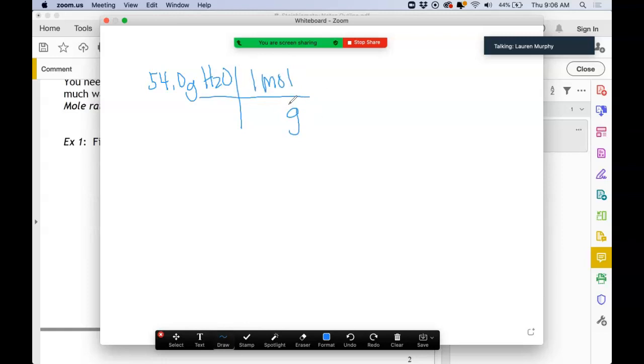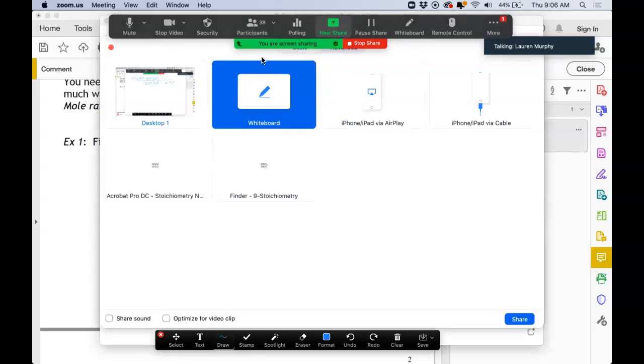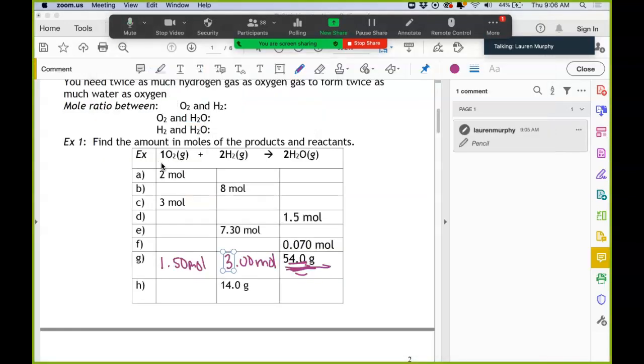This is molar mass. Molar masses are always grams per 1 mole. And it's water, so it's 18.02 grams per mole of water. And then moles of water go down here. Now this time, we're trying to find who? We're trying to find oxygen.